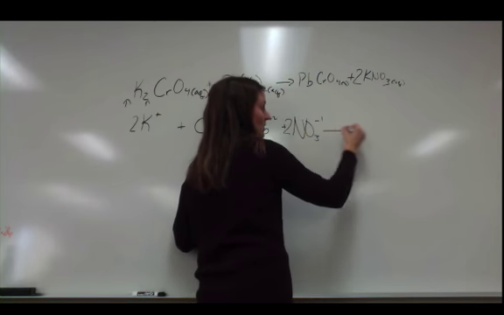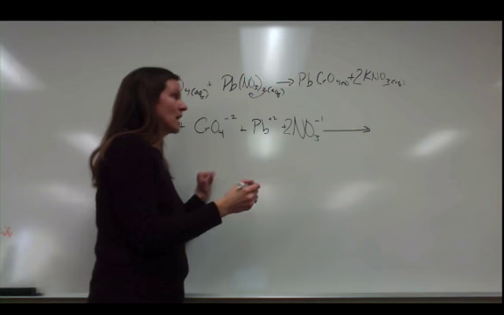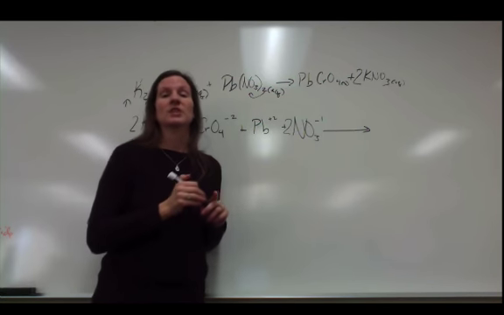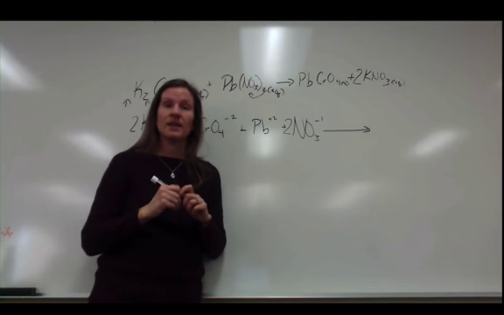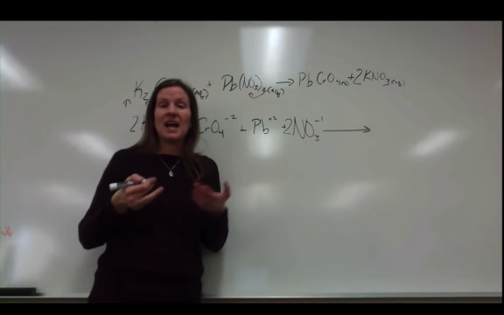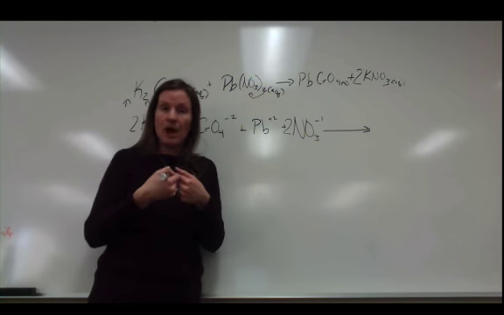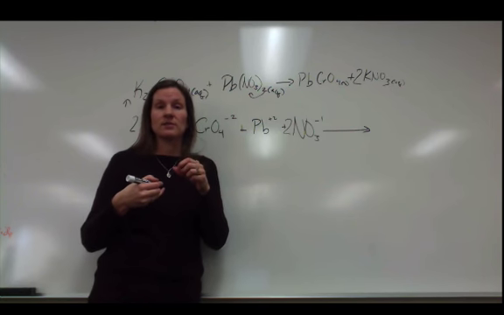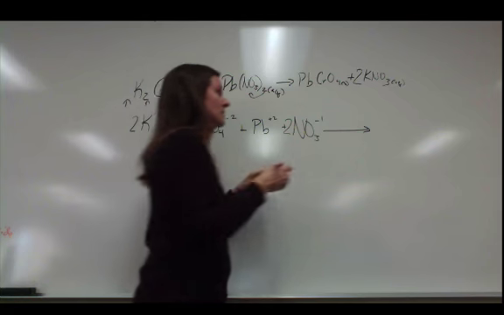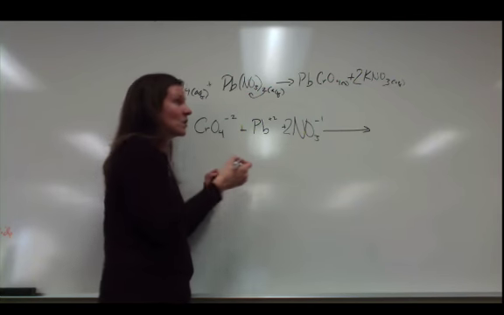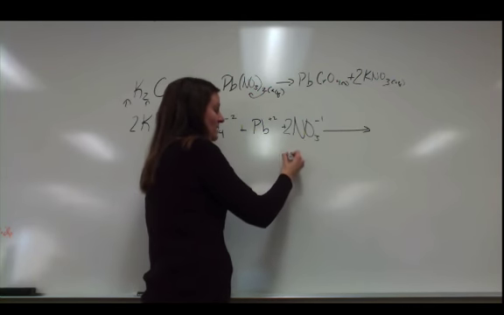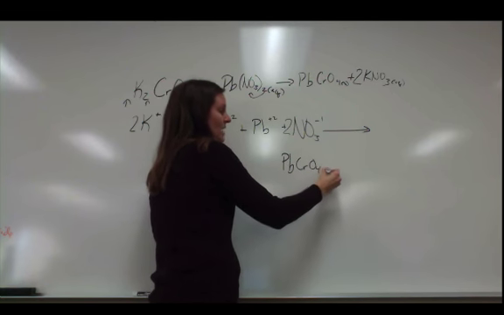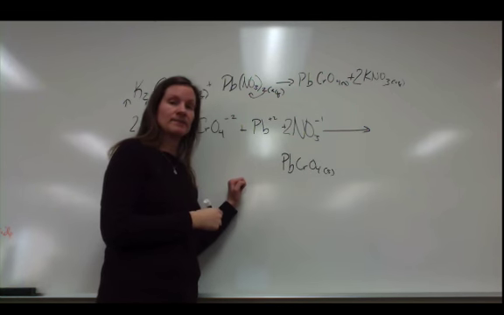Now, those are my reactants, and they become lead chromate, which is a solid. If it's a solid, then it's not ions anymore. These are bound to one another and they're no longer charged particles. They are a compound. So for the total ionic equation, you write them as an entity on their own because they are not ions.